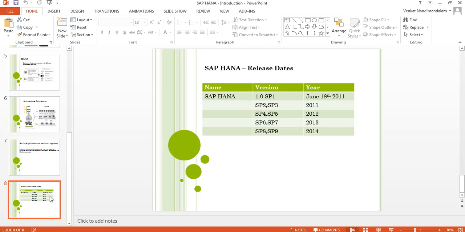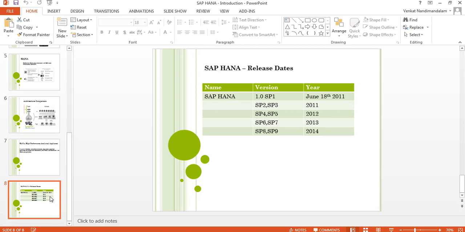Let's summarize what we have discussed in this session. I have explained the challenges we have with the existing landscapes at customer locations, the major challenges customers are facing, and the consequences of those challenges. Then we saw how HANA can overcome those challenges, and how the latest hardware and software innovation has been utilized to build the HANA database or HANA appliance.